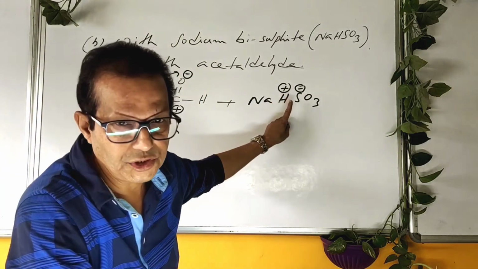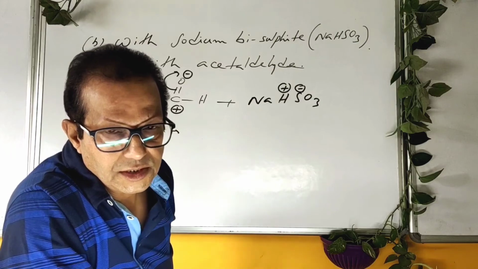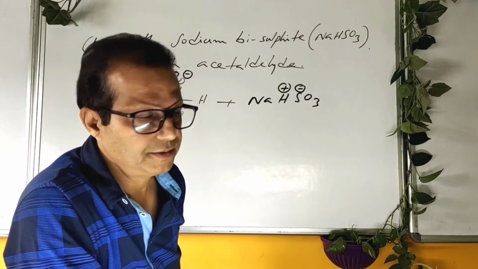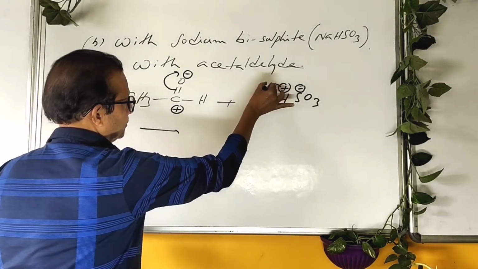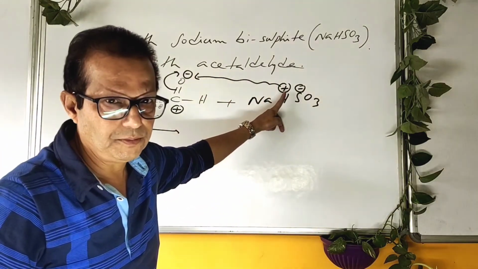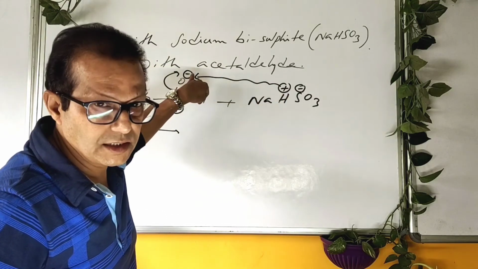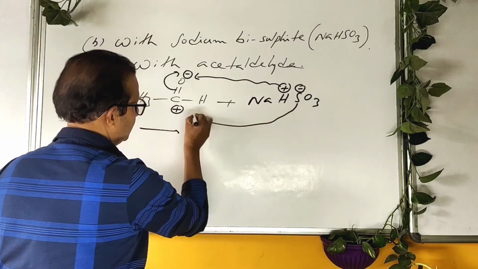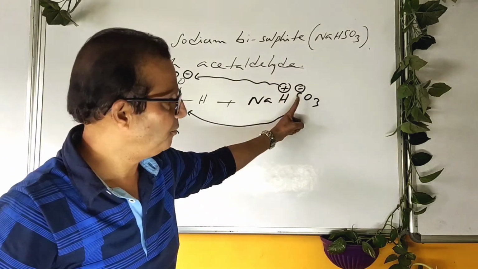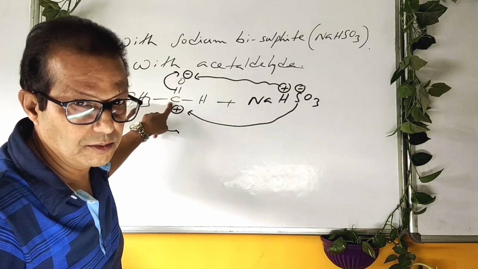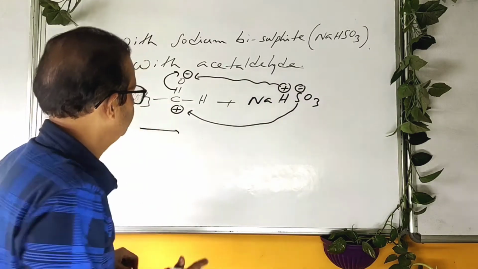You know that in a solution, oppositely charged ions are attached. Hydrogen positive gets attached to oxygen negative, and the sulfur negatively charged attaches to the carbonyl carbon which gets positive charge.